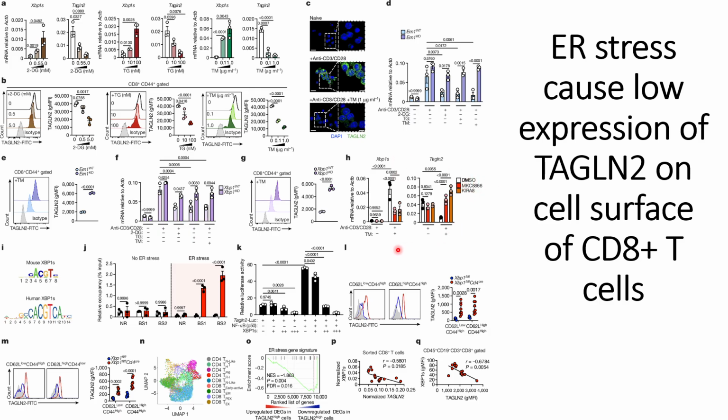In the case of the stress reagent, they do not see a rise in XBP1, whereas they see a rise in TAGLN2 expression. This further validates their point that XBP1 has an inverse relationship with TAGLN2 expression.